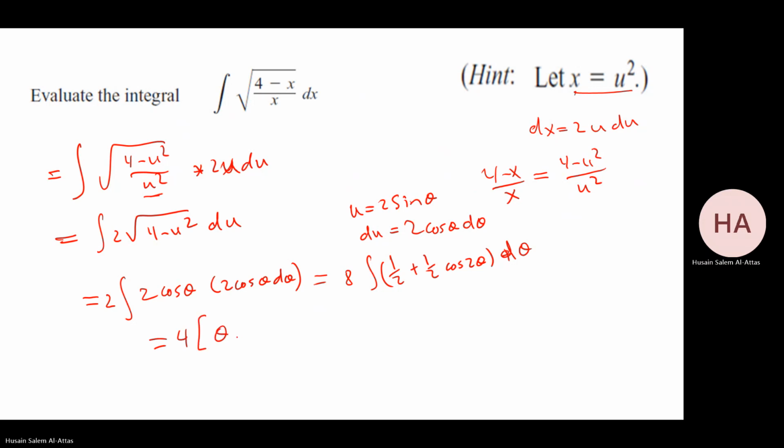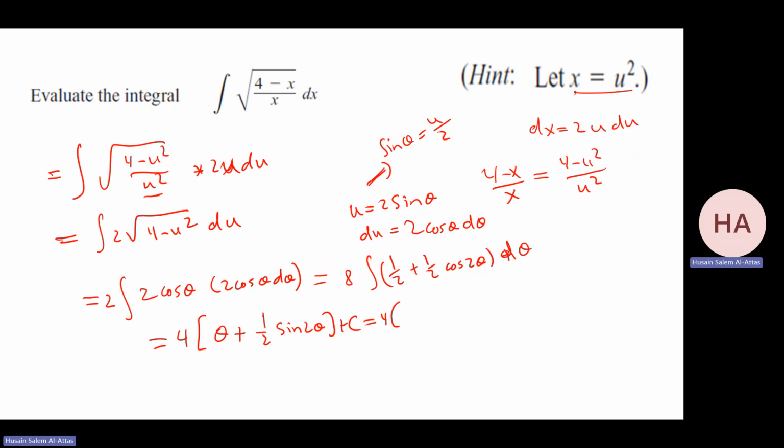theta plus 1 over 2 sine 2 theta plus c. So I have 4. What will be theta from here? I have sine theta is u over 2. And what is u? u is square root of x. So theta will be sine inverse.